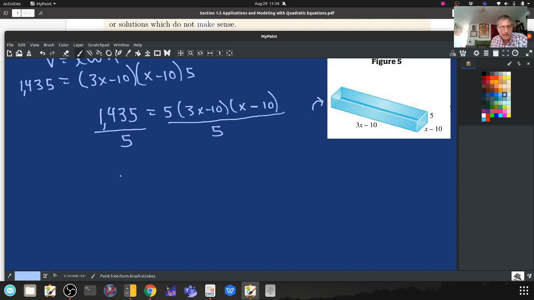I can't do it in my head while I'm talking, and I don't see any reason. So that's going to give us 287 is equal to 3x minus 10 times x minus 10.